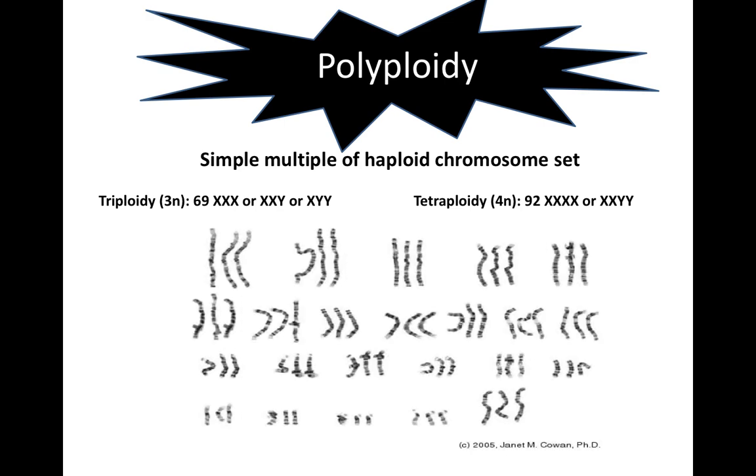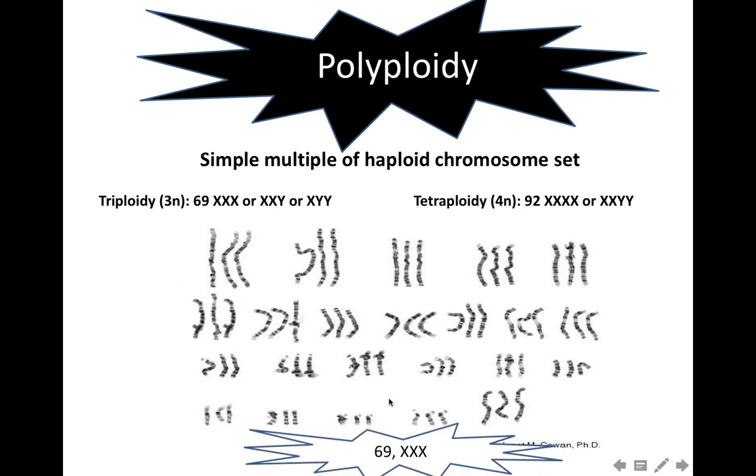So, this is a karyotype. And is it for triploidy or tetraploidy? Let's have a look. We have 3 copies of each chromosome. Accordingly, it's a triploidy. So the total number will be 69 chromosomes.